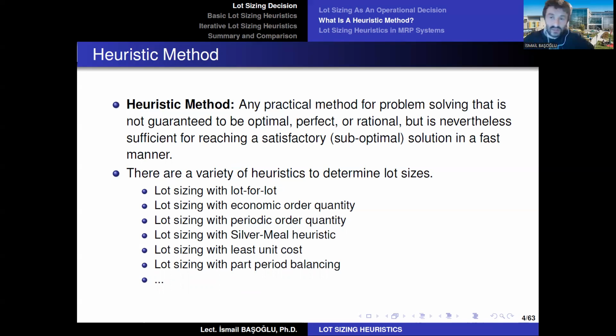With the heuristic solution approach, you will not be guaranteeing the optimal solution, but a reasonably acceptable solution, which is going to be almost close to the optimal objective value, but it is just going to be fast.